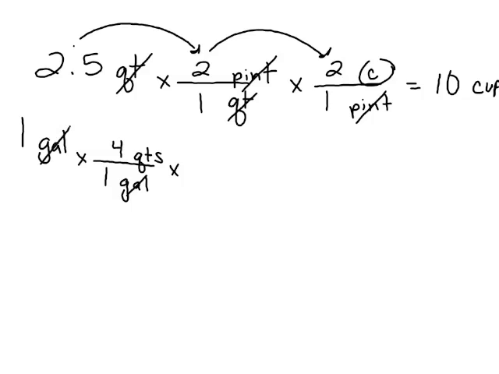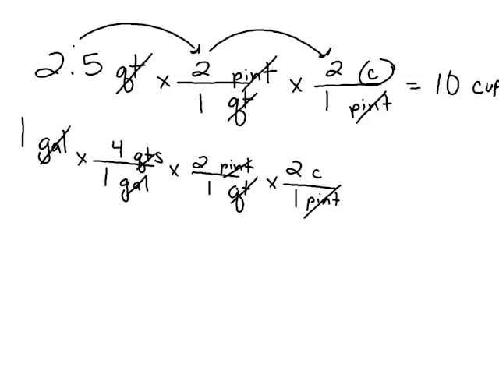Okay, what's the next conversion? Quarts to pints. Quarts on bottom. 2 pints in 1 quart. Quarts cancel. And then pints to cups. Pints on bottom. 2 cups in 1 pint.